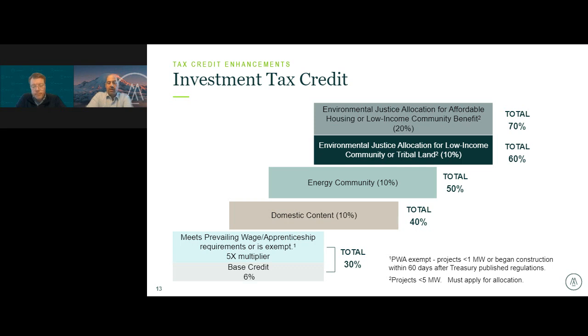And then the next 10% adder is being located in an energy community. You can receive this 10% adder in one of three ways. You can be located in a coal closure community, or a census tract that has had a coal-fired power plant closure within a certain period of time, or an adjoining census tract to that.